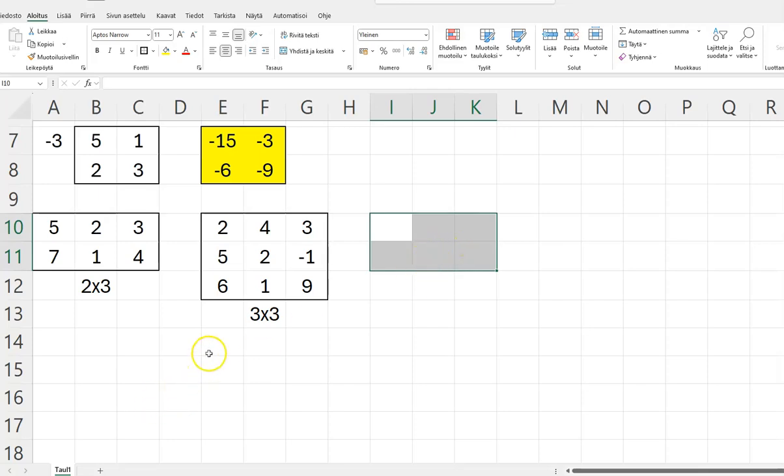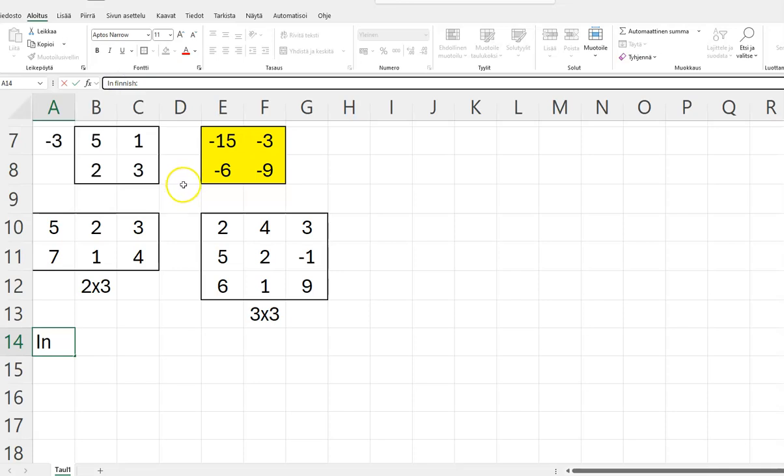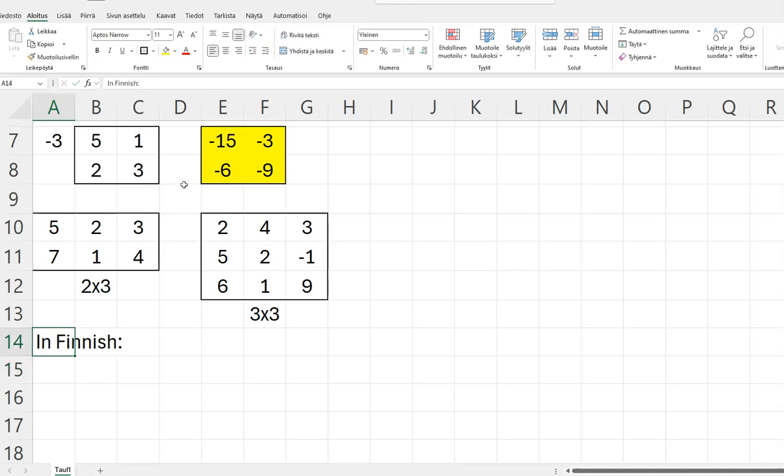And then I will do that again, but I will write or type the commands in Excel here. In Finnish we use only small case letters there, but probably in English we need to use uppercase.